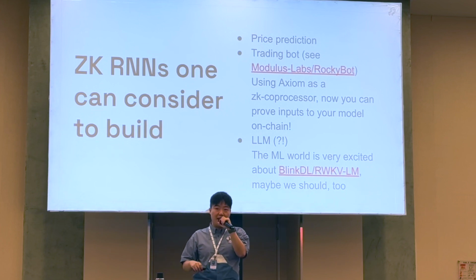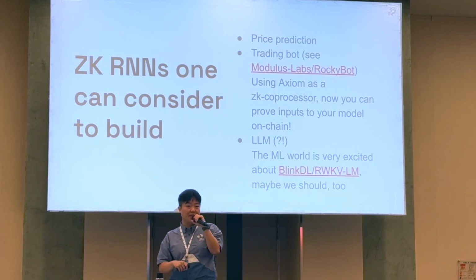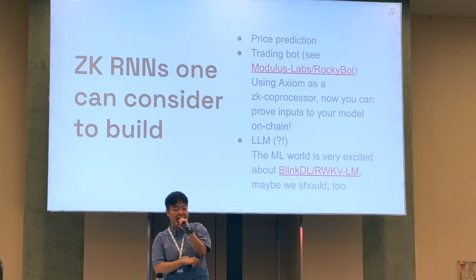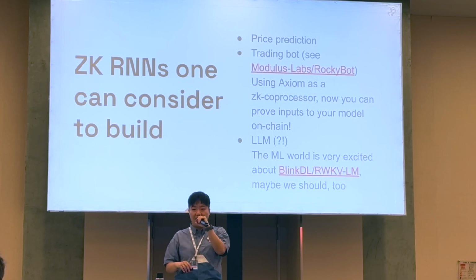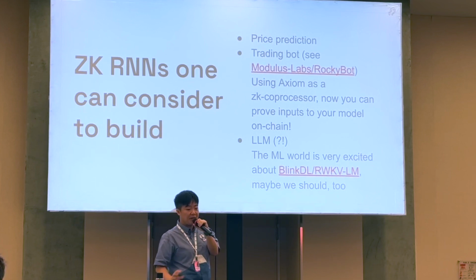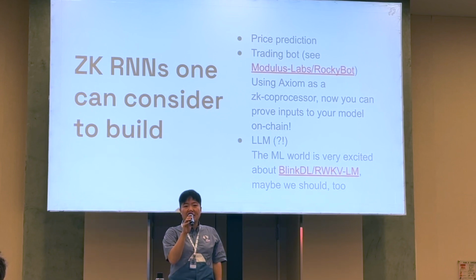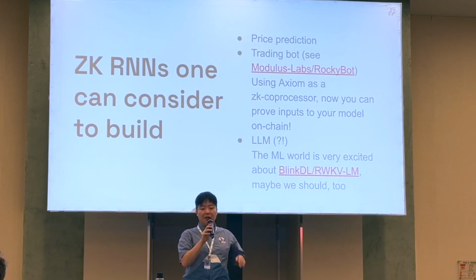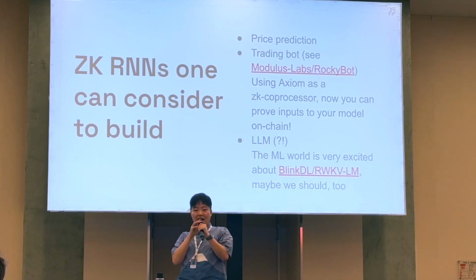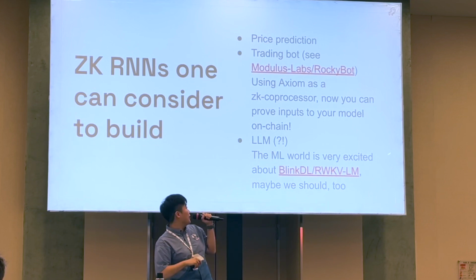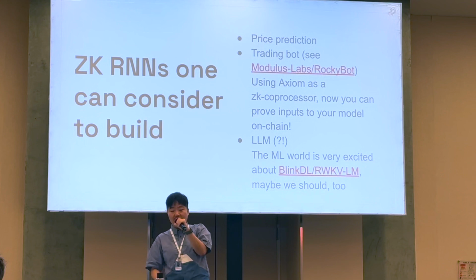Right? And also, I didn't really know about that until I started researching recurrent neural networks, but in the machine learning world, people are very excited about a specific class of models called RWKV. It's a recurrent network that performs as well as GPT-3. So they were able to get a large language model in a recurrent form, with a transformer-like architecture but without any attention mechanism. If you don't know what that means, that doesn't really matter.